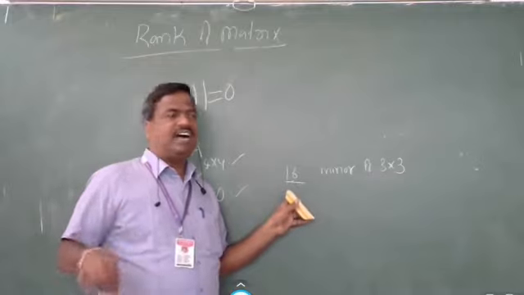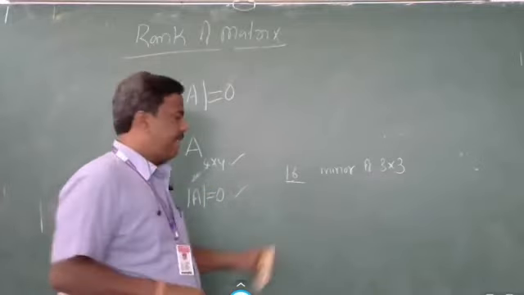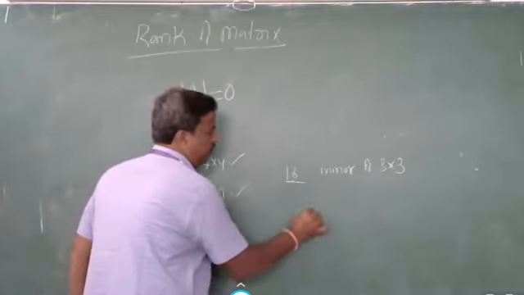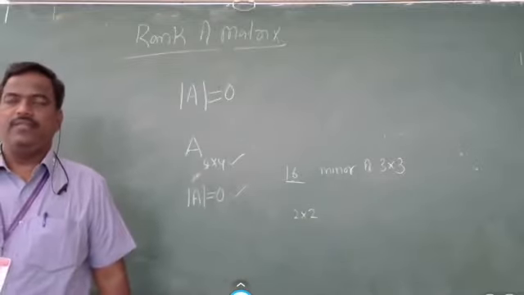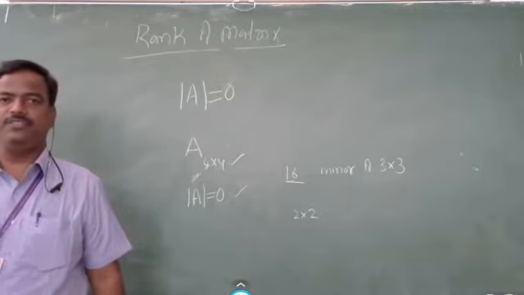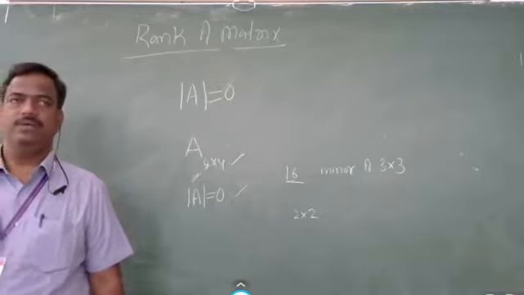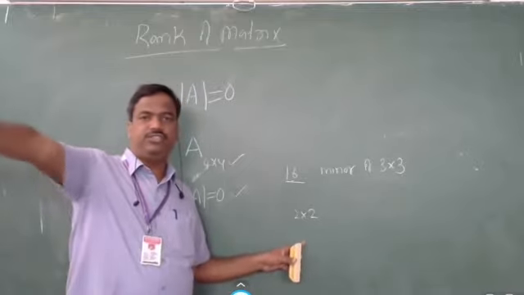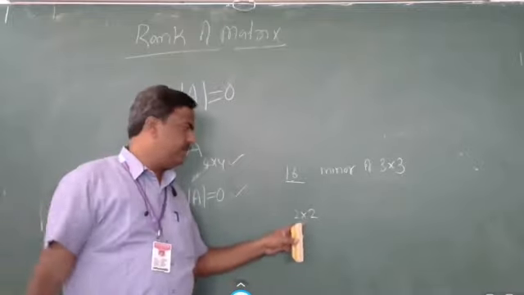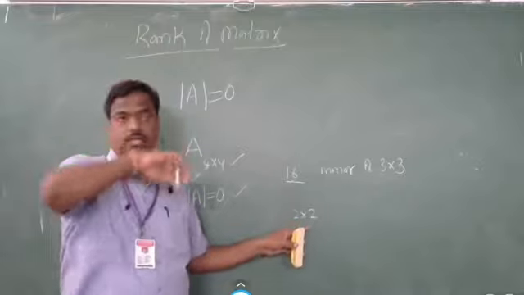So if these 16 are also 0, then you go for the 2 by 2 minors. Then you can consider all possible 2 by 2. Then next, if one of the minors is not equal to 0, then the rank is 2.